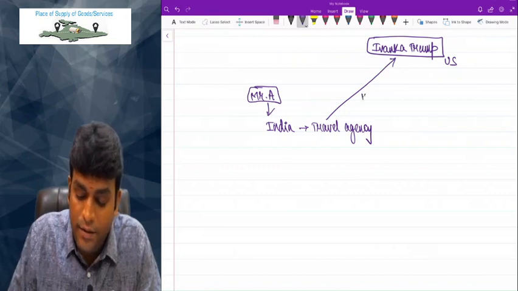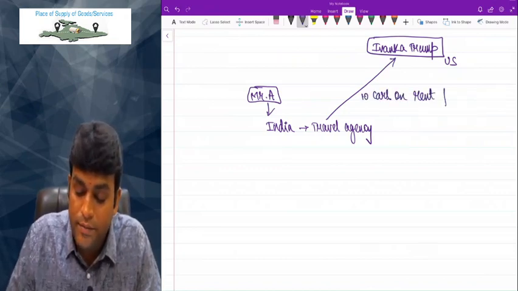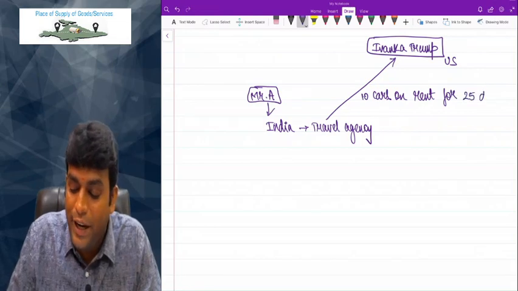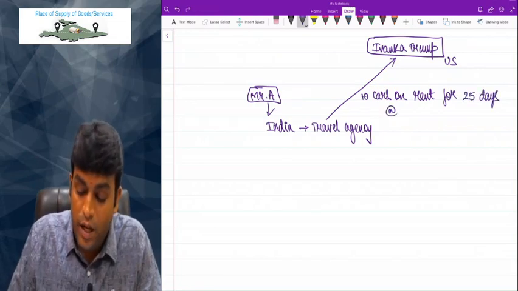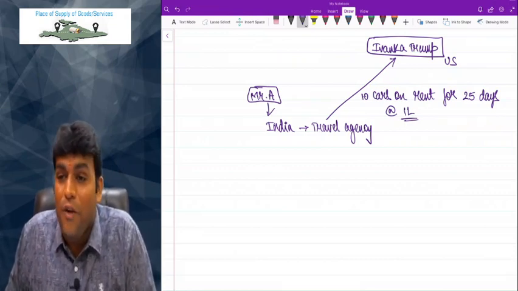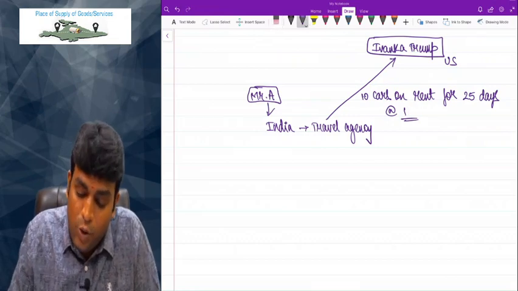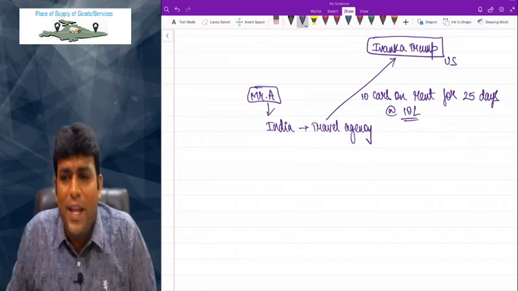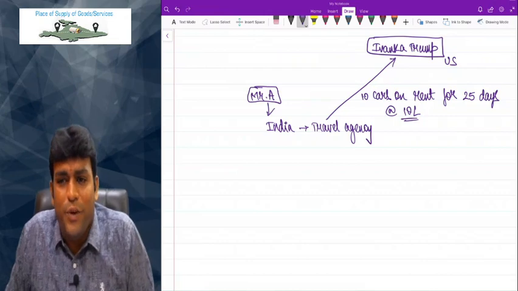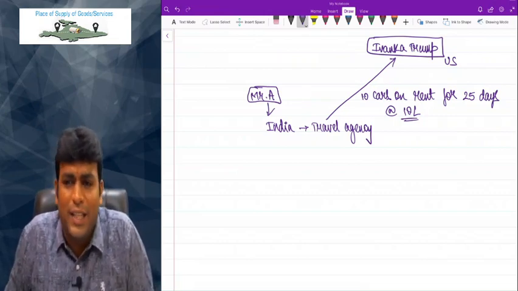He gave 10 cars on rent for 25 days at a value of 1 lakh rupees. 1 lakh is very less. Let's do one thing, at a value of 10 lakhs. He gave 10 cars on rent for 25 days at a value of 10 lakh rupees to Ivanka Trump.